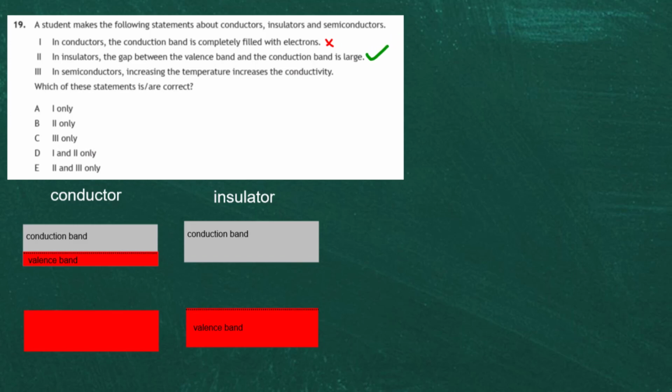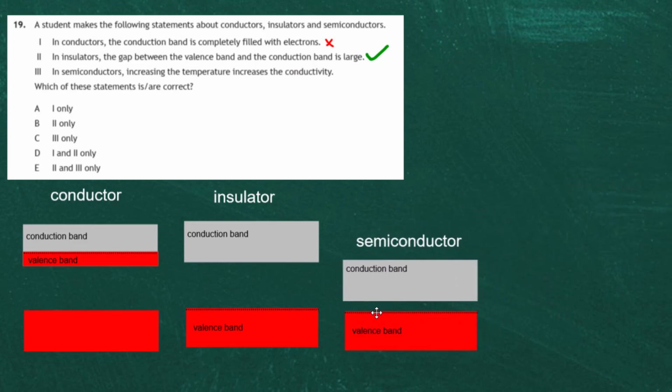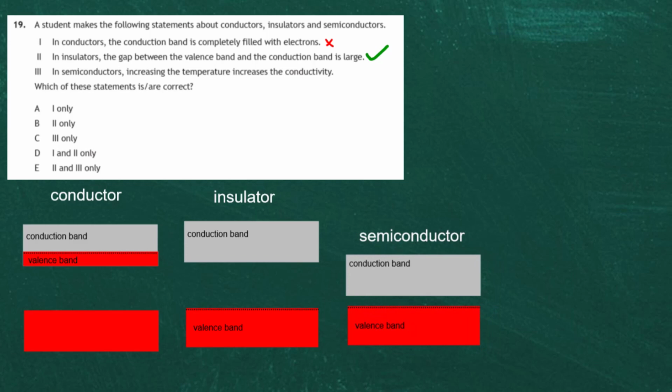What about the last one? In semiconductors, increasing the temperature increases the conductivity. Well, we look at the semiconductor band diagram. You can see that the valence band is completely filled up, but the conduction band is empty, but the energy gap between the conduction band and the valence band is actually quite small.